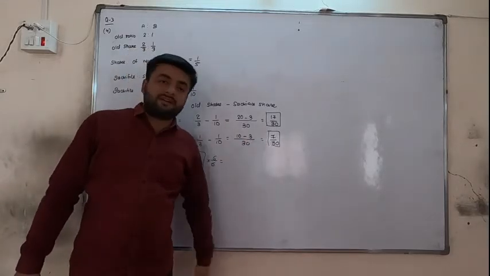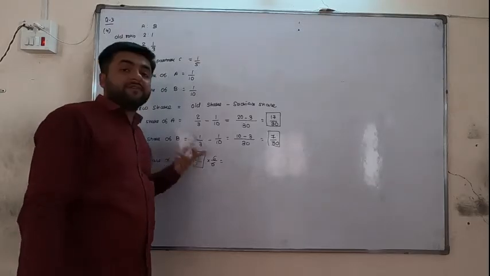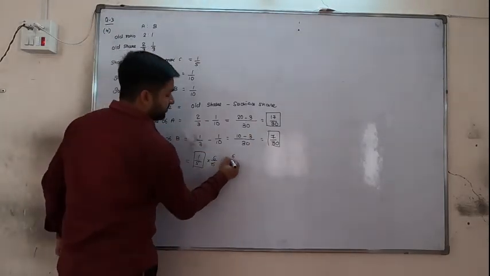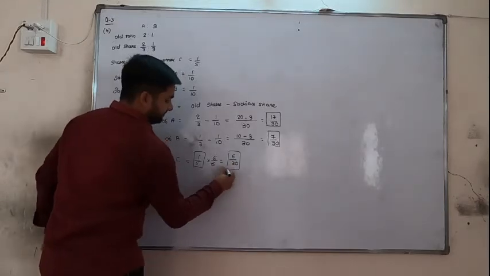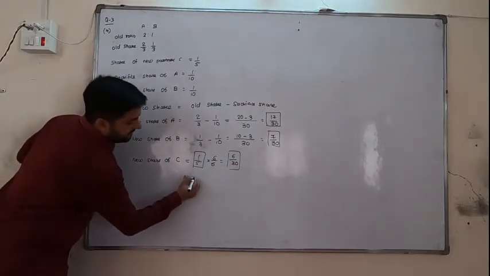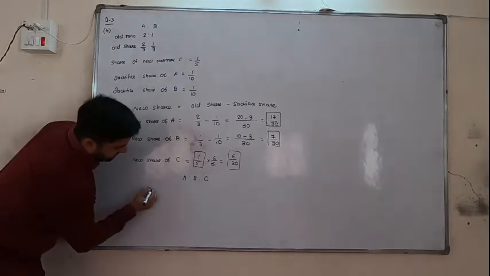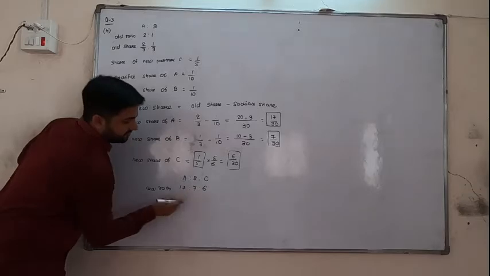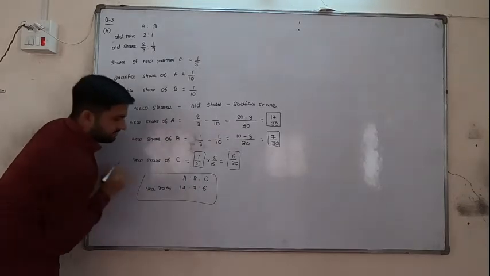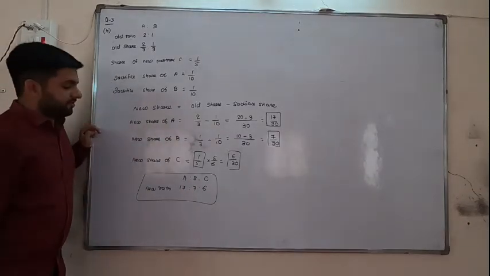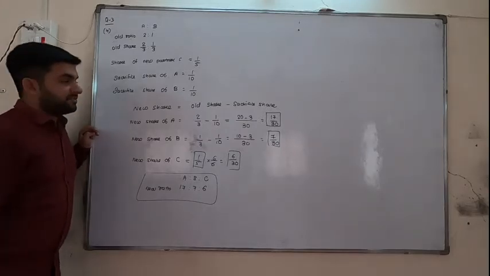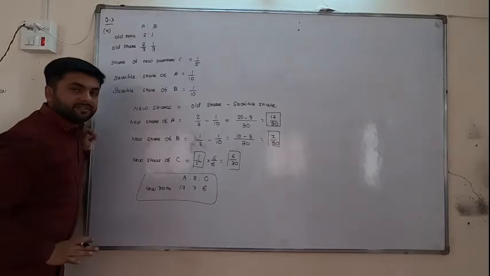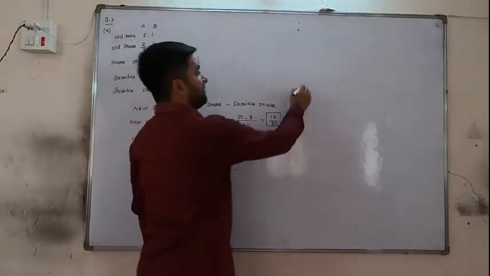Both denominators are 30, so 5 times 6 gives 30, so 6 will be in numerator and denominator both. So 6 by 30. Now A is to B is to C, new ratio would be 17 is to 7 is to 6. Now this cannot be cut, so this is the final answer of new ratio. First step is new share. Second step is we have made the denominators equal, and last step is for sacrifice shares.